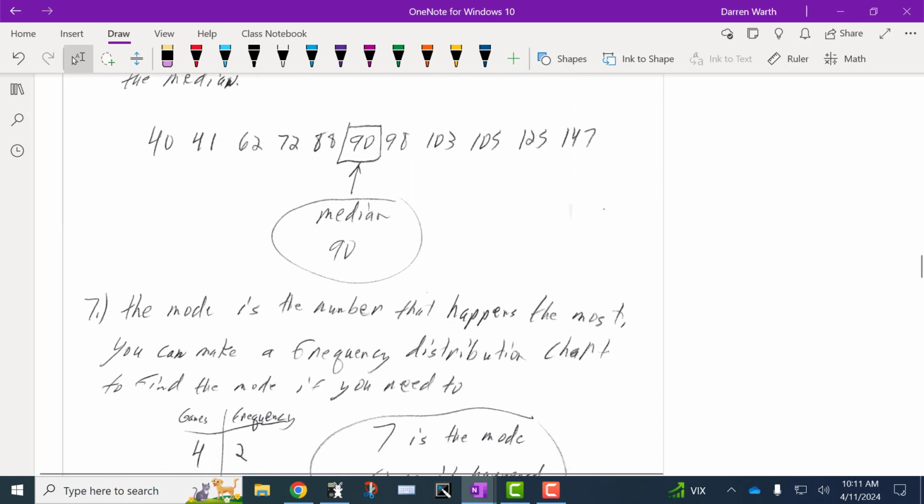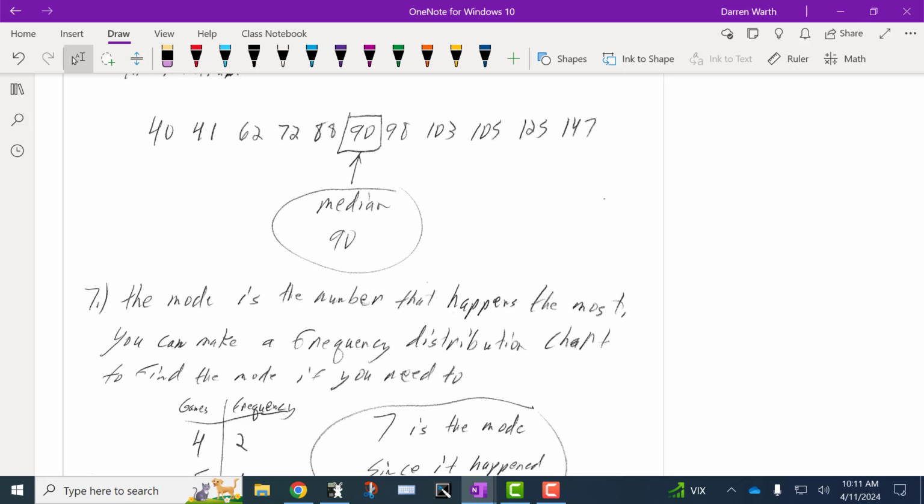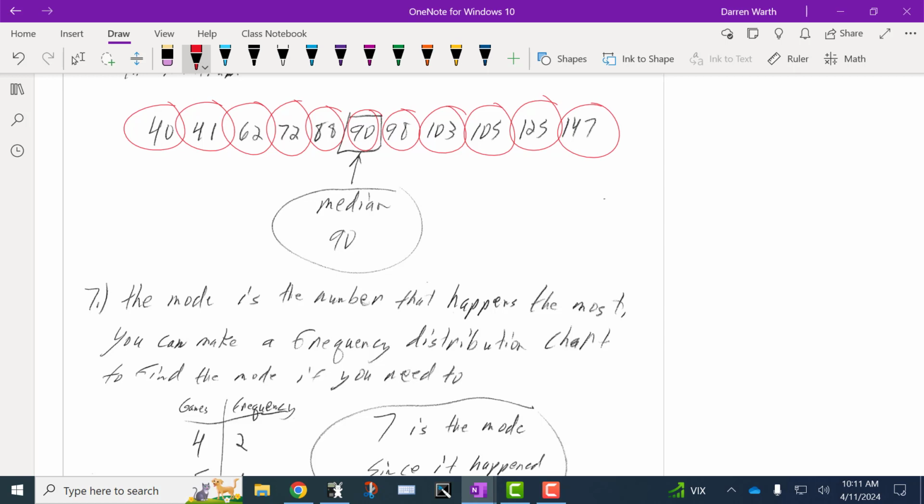So notice I took my data set and I put it in order. So on number 6, when I put it in order, I found that the smallest number was 40. Next biggest was 41, and it went 62, 72, 88, 90, 98, 103, 105, 125, and 147.